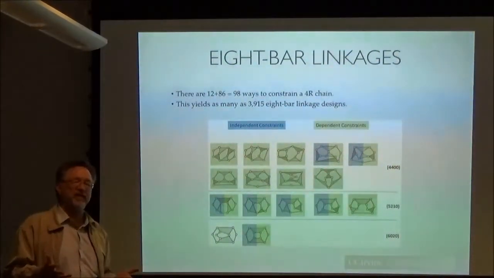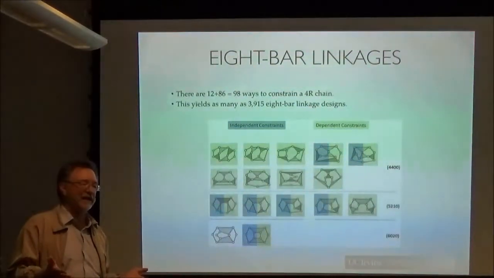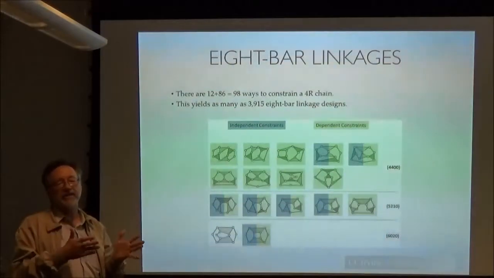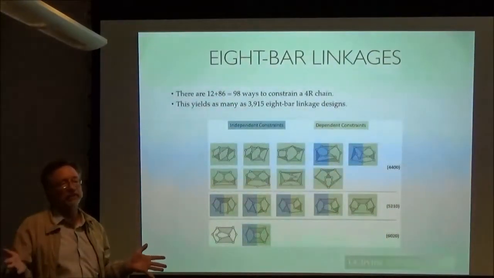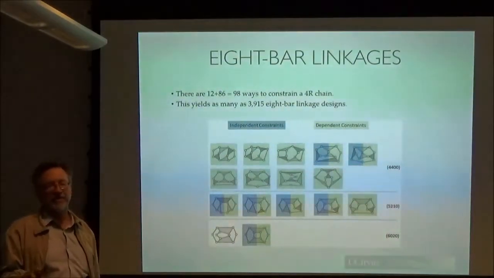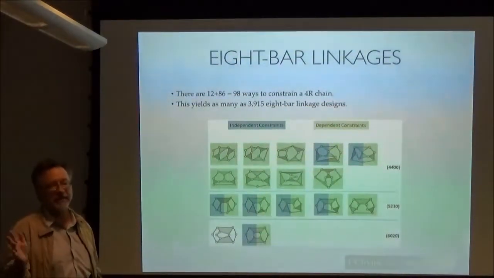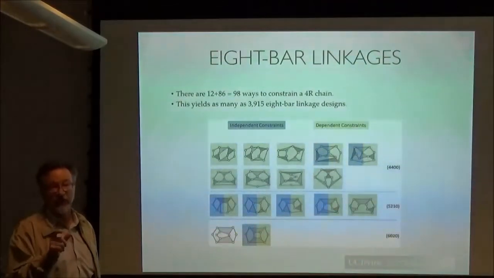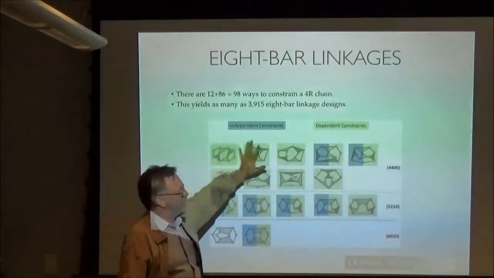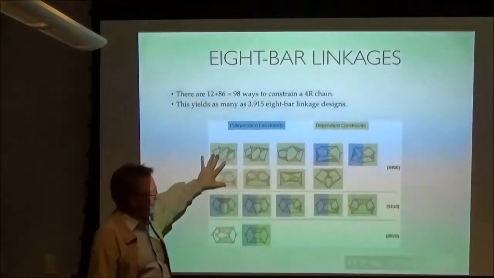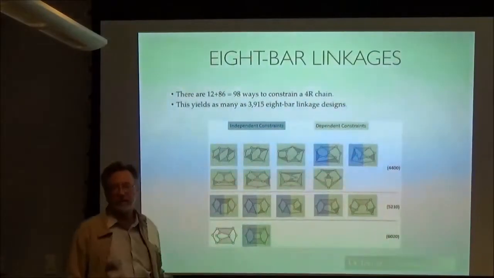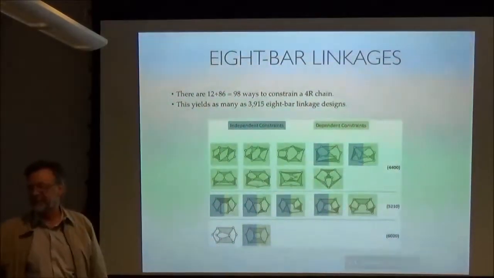Our general experience is that people, and when I say people, I mean us, seem to like our links to be relatively equally proportioned. A real long link and a real small link seems to bother us for no practical reason. A very short link is really good sometimes. Anyway, this is now what we find in terms of our coverage with the 4R chain. We can design all of these topologies except this one.